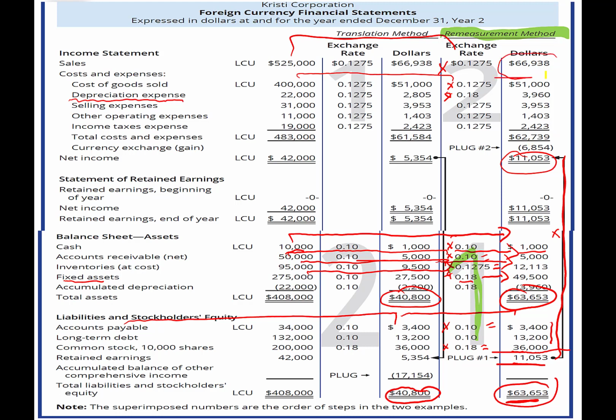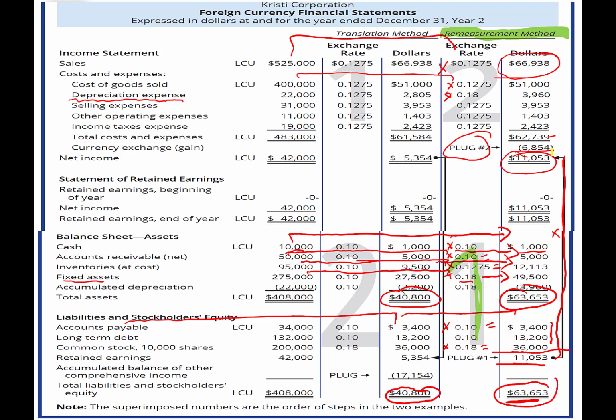The difference between our revenue minus expenses gives us an amount for net income, which would be $66,938 minus the total cost and expenses of $62,739. That's not $11,053. So what we do is we go ahead and we plug a number right here that will make the income statement work, so that the bottom line is what we've already plugged in there for our net income, which is $11,053.